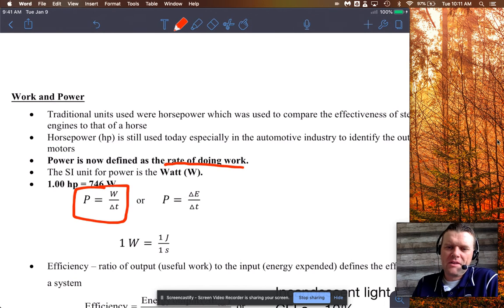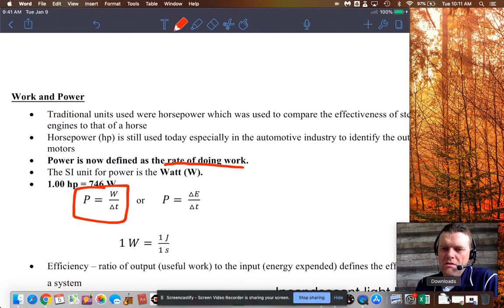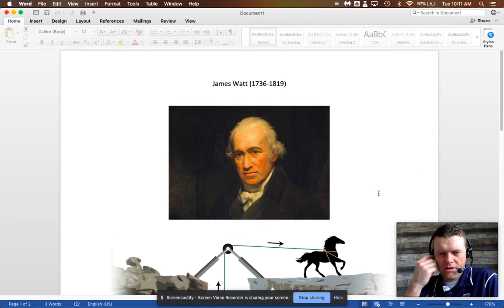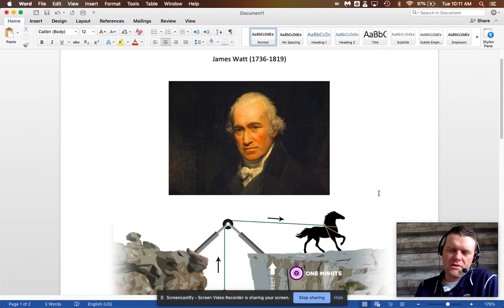And actually, that's what I was going to show you right here. James Watt, inventor of the steam engine and a number of other devices, but he gets credit for actually trying to measure the amount of work done. And in his day, all the muscle in his day, they didn't really use too many machines, or they were just starting to.